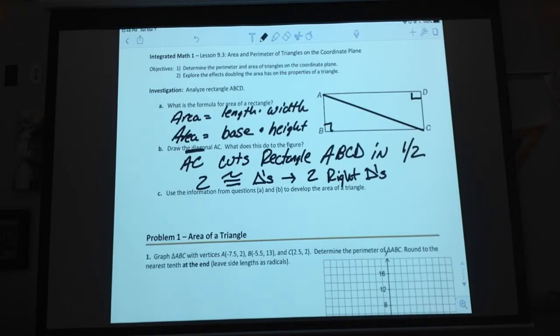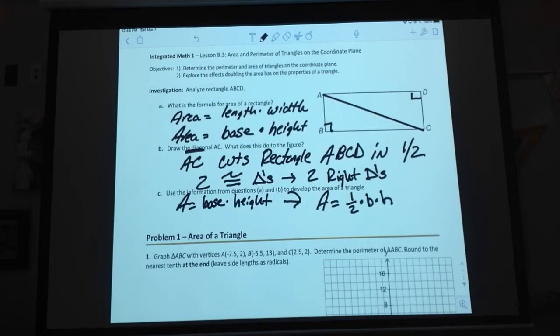Now the next part says use the information from questions A and B to develop the area of a triangle. Well, if I know that the area of the rectangle is base times height, and I cut this rectangle in half, then the area of one of these triangles is going to be 1/2 times base times height.